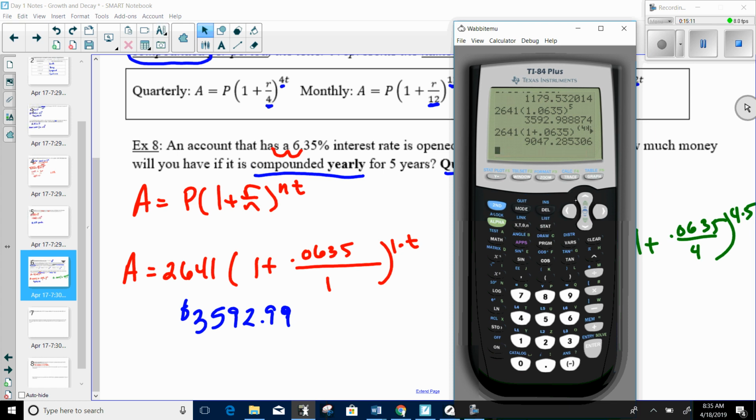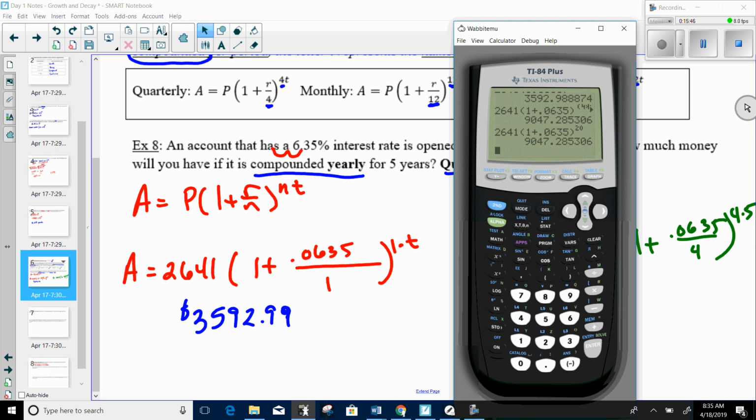2641 parentheses 1 plus 0.0635 close parentheses raised to the 20th. It says 9,000.